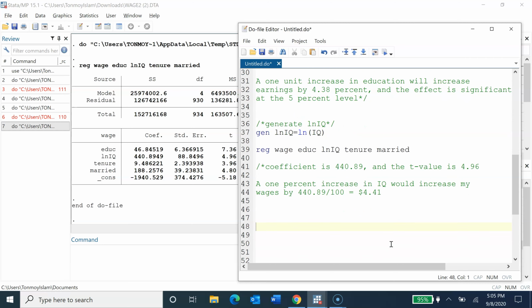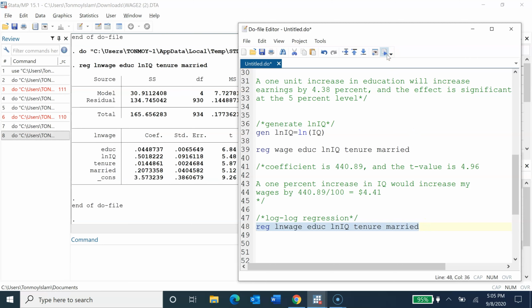Now if we look at a log-log regression, let's say we are doing ln wage, so in this case, if I look at ln IQ, both of them are in natural logs, so let's first write what the coefficient is.